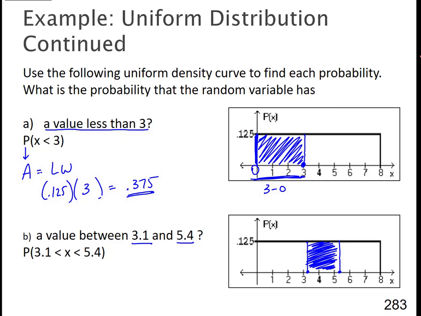Our answer will obviously be less than 1 because the whole rectangle equals 1. And so length times width was 0.125. And what'd you get on the width? 5.4 minus 3.1, which is 2.3. And when we multiply that times 0.125, you get 0.2875. So the probability of picking any number between 3.1 and 5.4 is 0.2875.